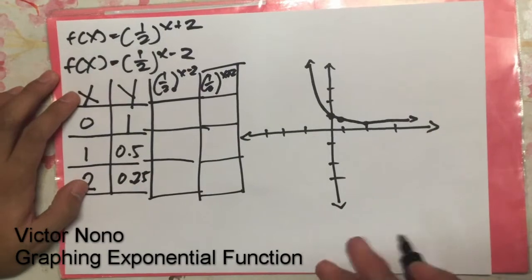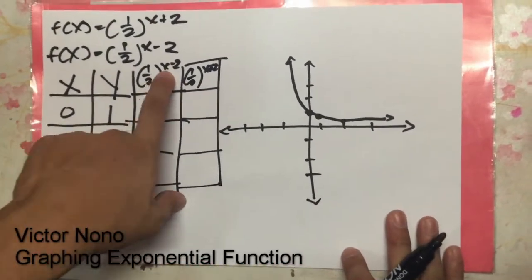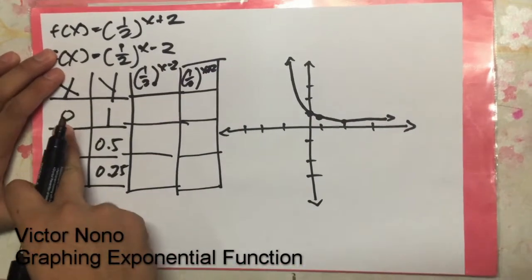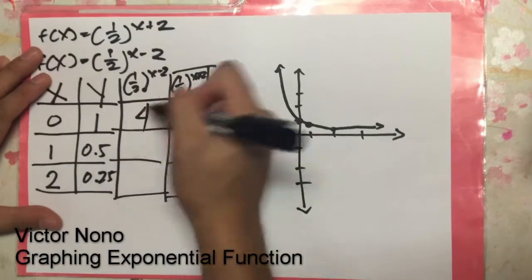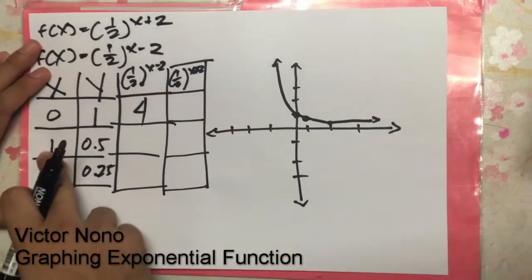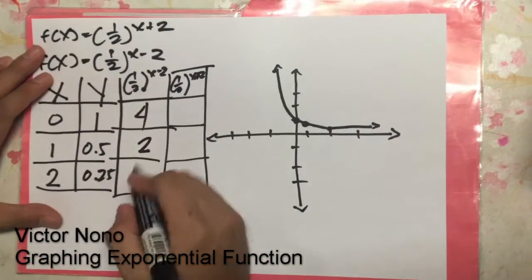So as we did a while ago, we will just substitute the value of x into the function. If we substitute 0 into this function, we will get 4. If you substitute 1, we will get 2. If you substitute 2, we will get 1.